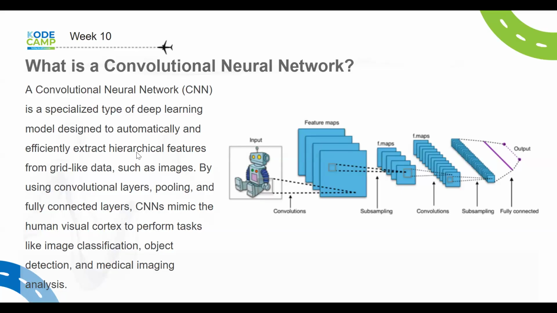So when you look at all of that, the CNNs kind of mimic the human visual cortex. So this is now a second example where we are using human anatomy as an inspiration for designing a neural network, or designing an AI or machine learning model, right? We talked about how an artificial neuron is modeled after the neuron in the human brain.